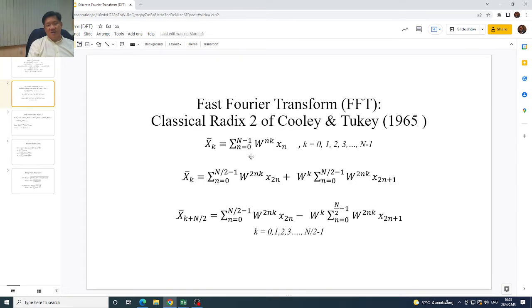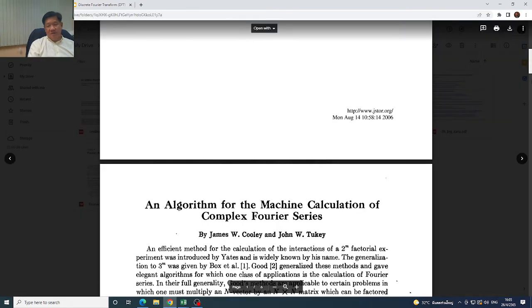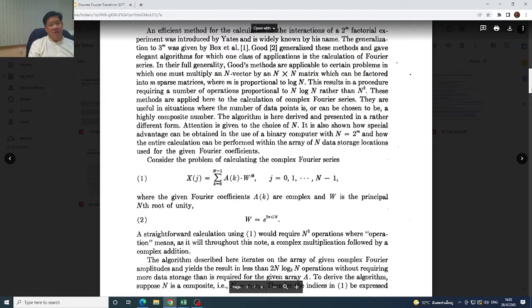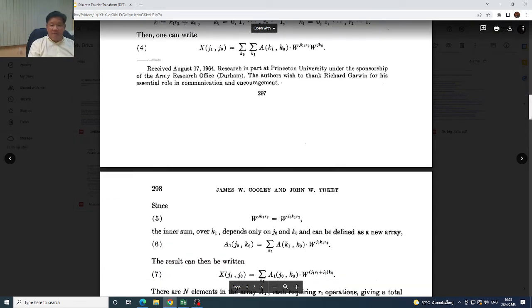Let's look at the idea of what we call the classical radix-2 tool, based on this presentation of Cooley-Tukey way back in 1965.